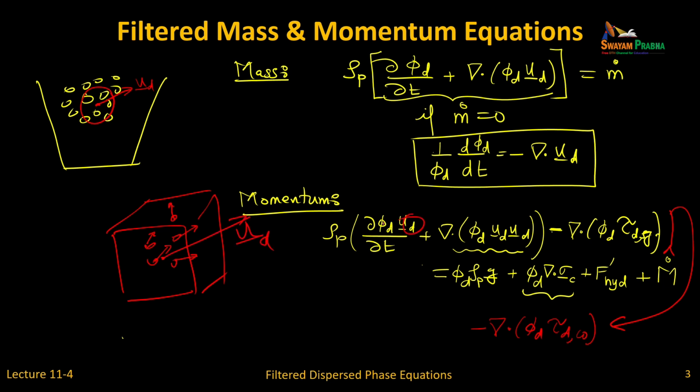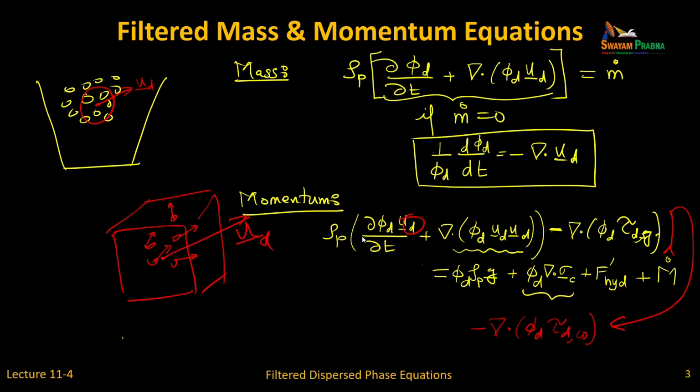This is the average velocity of the particles. Each particle is fluctuating, and I said that there are at least three reasons I can think of. One is eddies inside, which make the particles move slightly differently, the effect of turbulence.